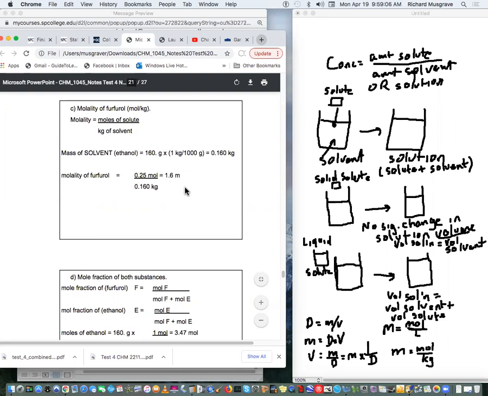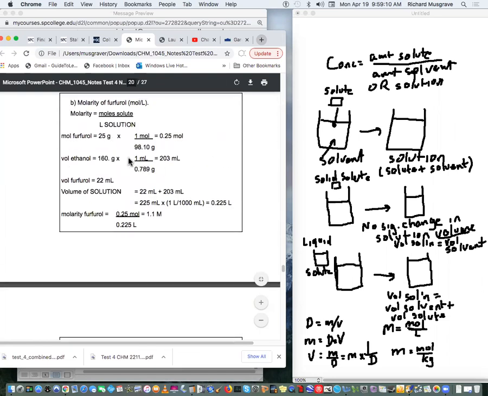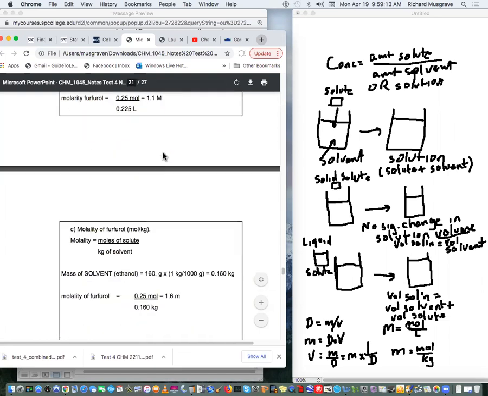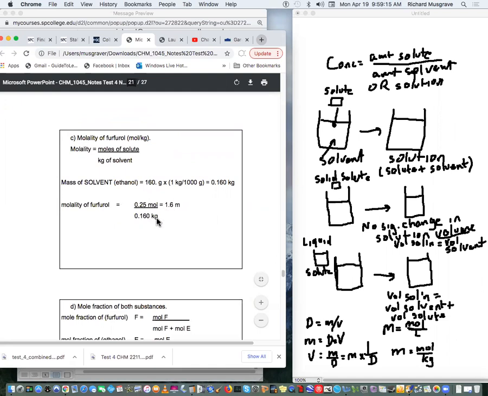The molality then is just going to be the moles that we picked up from up here in the second part, divided by the mass of solvent in kilograms. Does anybody have any questions?